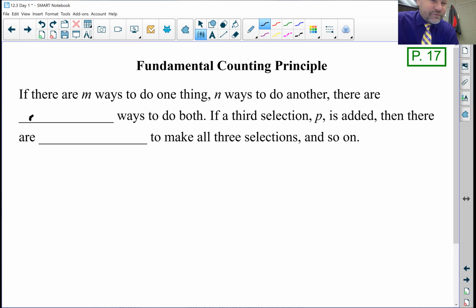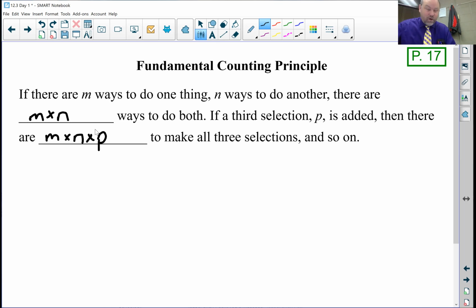ways to choose your flavor and N ways to choose what you wanted to hold your ice cream in, and we multiply those. So we would have M times N total possibilities. If we wanted to add a topping, then we would have the number of choices of ice cream, the number of things to hold it in, and the number of toppings.